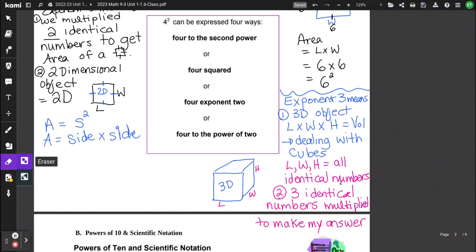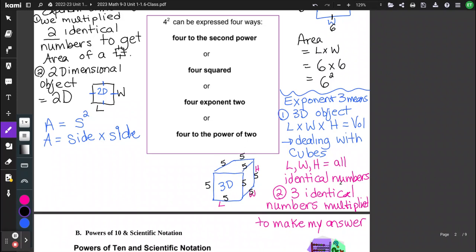Please try and write your notes in. Okay, because remember, when you're going to get some open book time, you want to have these little cheat notes in there for you. So the 3 identical numbers are multiplying to make your answer. So let's just pretend I used the number 5. So that means my length, my width, my height, every number is a 5 on my cube.